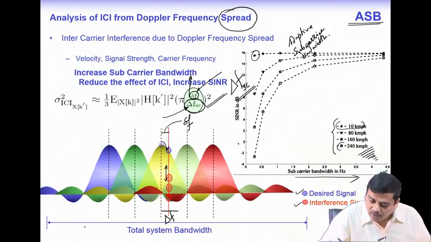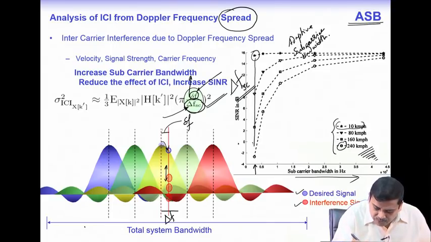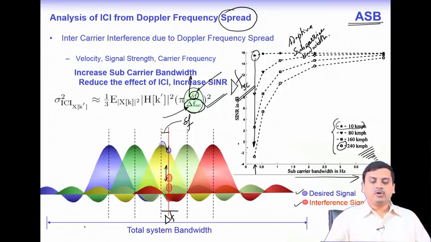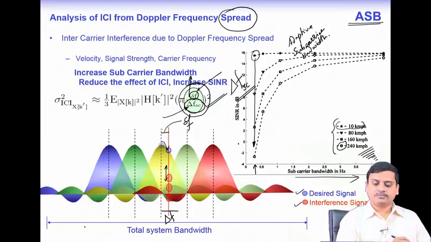As your Doppler increases at a particular value of subcarrier spacing, your signal to interference ratio becomes smaller and smaller. This is something very critical to note.